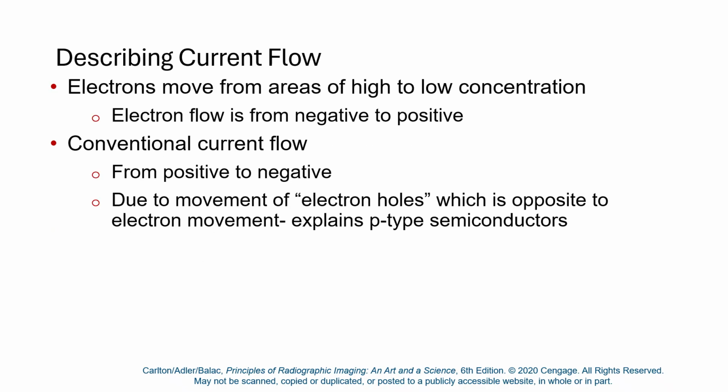All right, so we'll talk about current flow. And electrons, basically, they're running downhill, but not downhill in a physical sense. They're running from areas where there's a lot of electrons to areas where electrons are more rare. Okay, and so electron flow is from negative to positive.